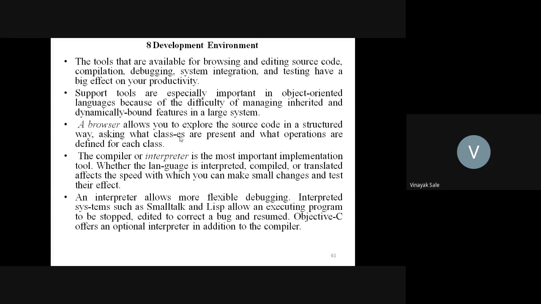An interpreter allows more flexible debugging. Interpreted systems such as Smalltalk and Lisp allow an executing program to be stopped, edited to correct a bug, and resumed. Objective-C offers an optional interpreter in addition to the compiler.